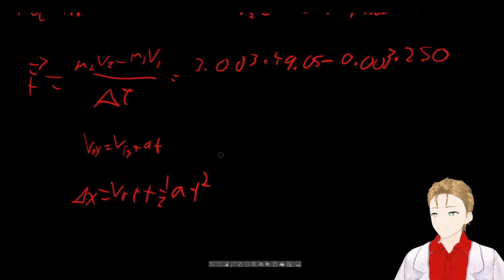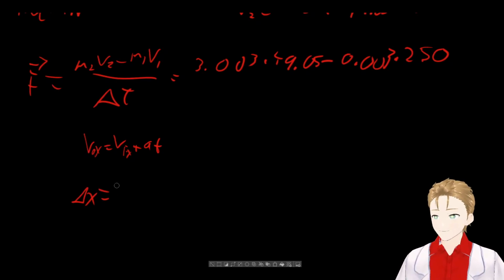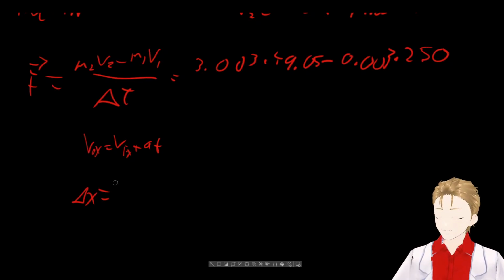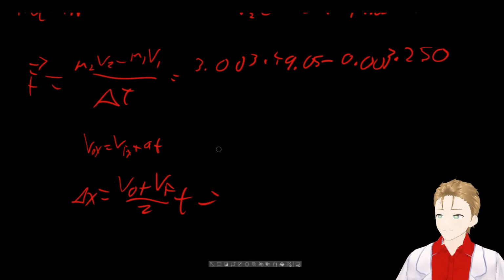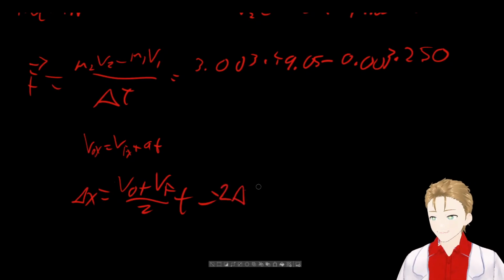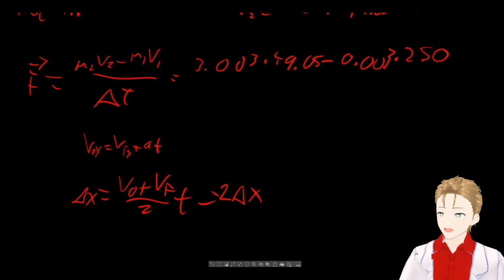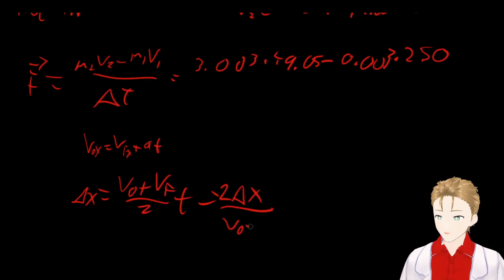What? God damn it, it keeps appearing. We have initial final to t, 2 delta x. So the bar does show up. Oh, there we go. VO plus VF.